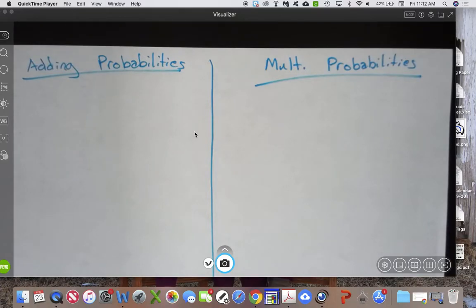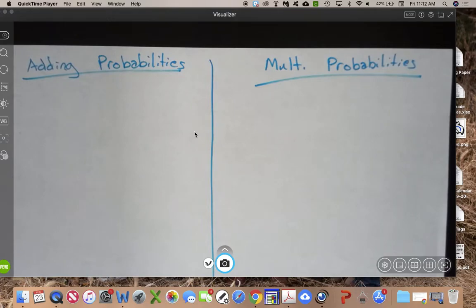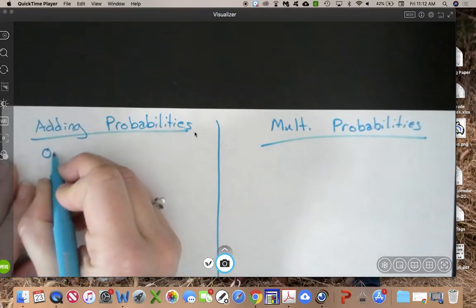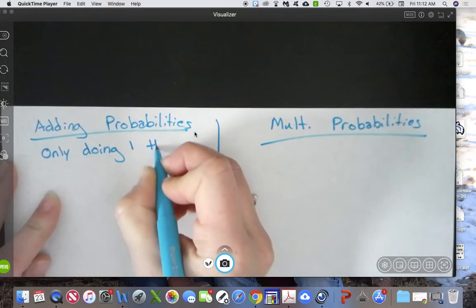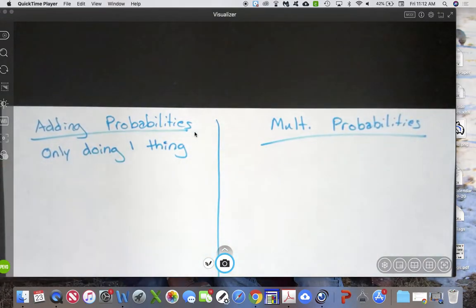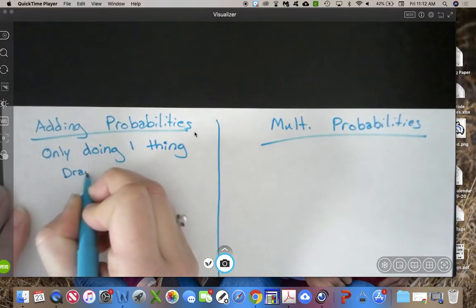Okay, now here is the key. Here is the key. This is how you know. When you are adding probabilities together, you are only doing one thing. So what I mean by that is you are drawing one card.